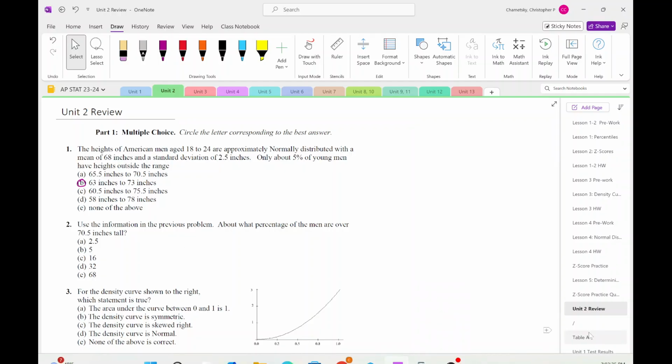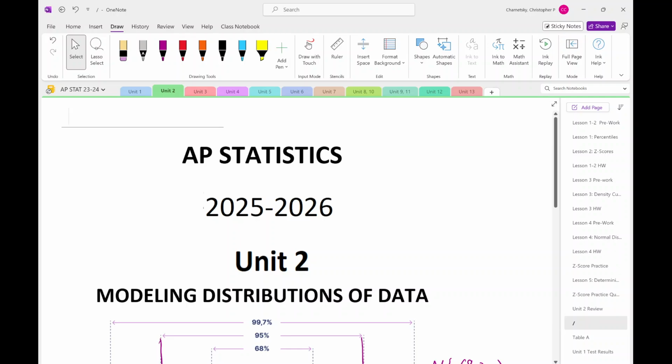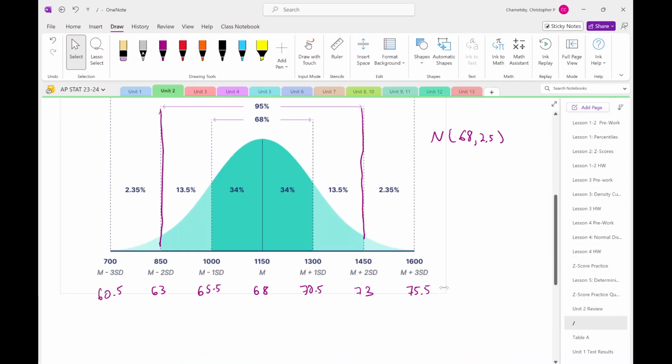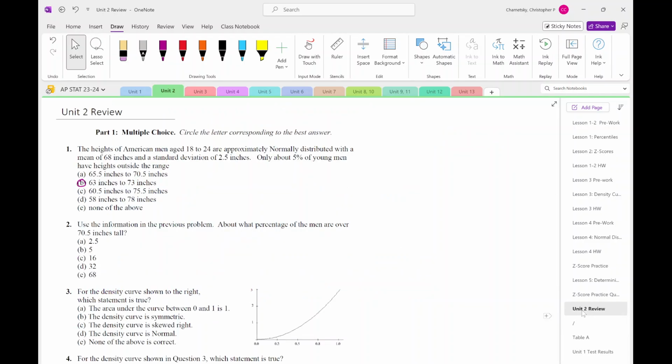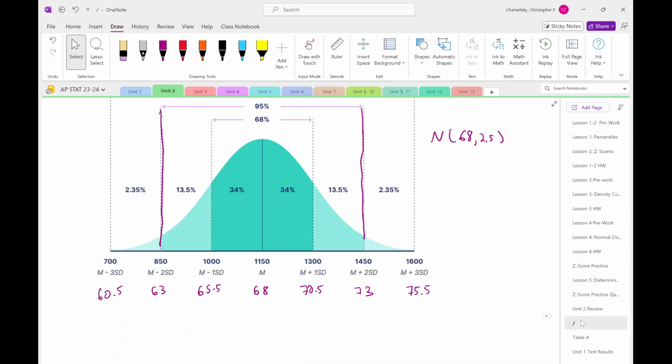Okay. On the previous information, what percentage of men are over 70.5 inches tall? So let's go back to 70.5. Okay. So really, what is shading beyond that first standard deviation?